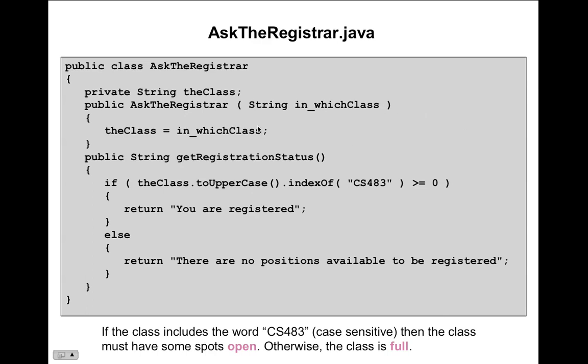You send it to ask the register, for example Java EE: if I'm registered in Java EE, get register status is going to come out and say you're registered in whatever the class name is. Otherwise, it's going to say no, there are no positions available to be registered. So this is kind of like you're a student trying to enroll in a class. You're either going to get in or the class is going to be full.